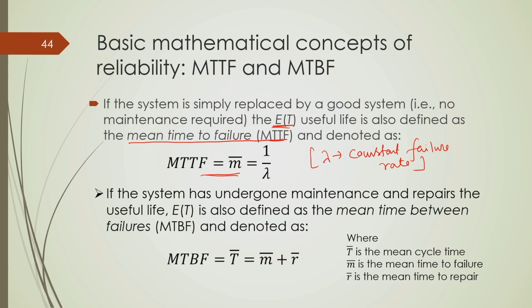So, if we have any equipment or system which is periodically replaced, with no maintenance required, then the useful life for that equipment is also defined as mean time to failure. This is for those kinds of equipment which are not repairable or not repaired.